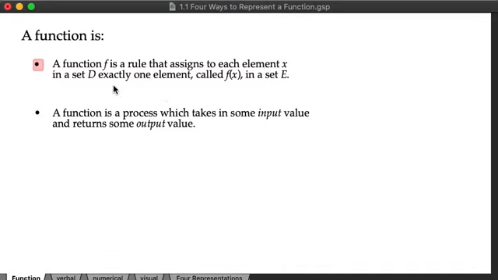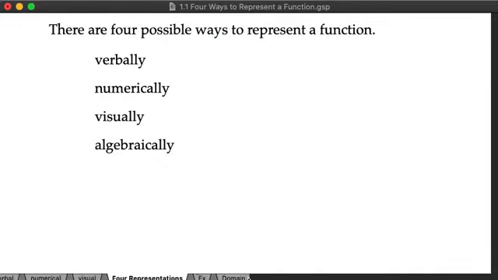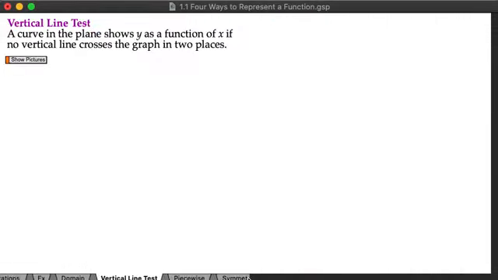This is where no input can have more than one output. So there is something that we can use to determine if a graph represents a function or not, and that is the vertical line test.